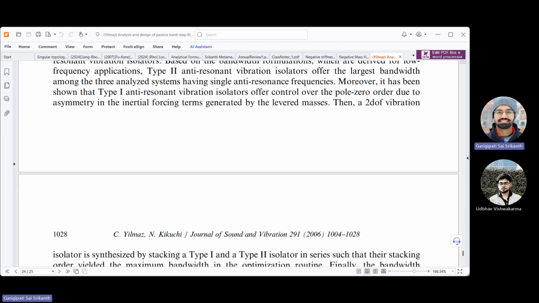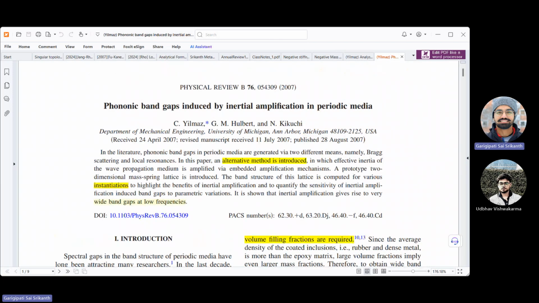It's important that degrees of freedom are not increased, but they increase the inertia associated with the mode. Awesome.